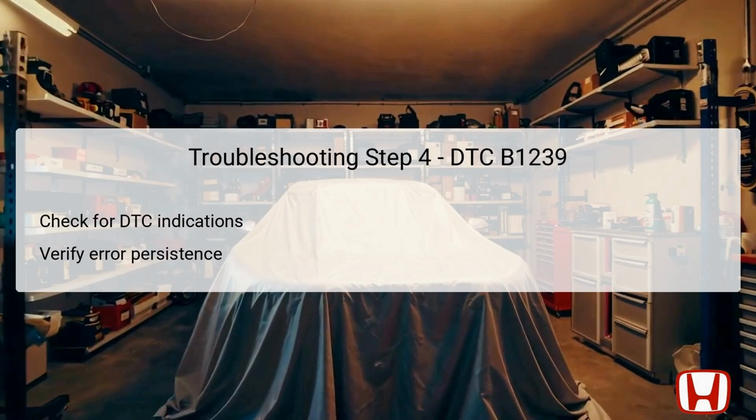The fourth troubleshooting step focuses on evaluating whether DTC B1239 is still indicated after performing the self-diagnostic function. If the DTC is present, the technician should proceed to the next troubleshooting step to isolate and rectify the issue. Conversely, if the DTC is not indicated, this may signal an intermittent failure, which can frequently result from loose wires or poor connections in the mode control motor circuit.